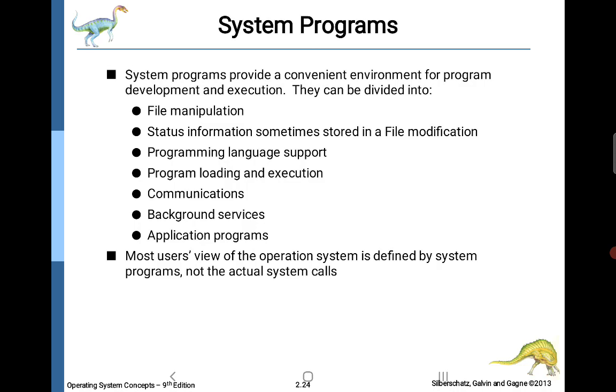For communication, to send, to receive, to create buffers, to create mailboxes. For background services, these are services by the operating system like protection, security, and networking, and application programs that can be part of the operating system or of the user space.